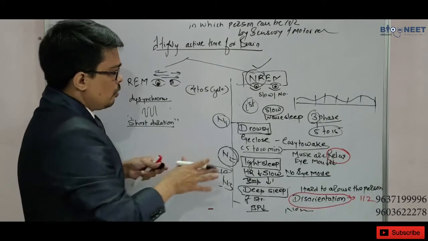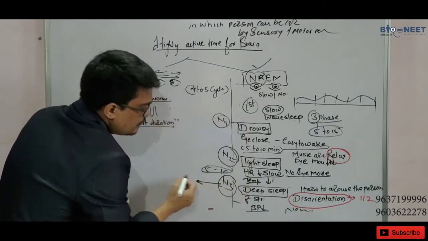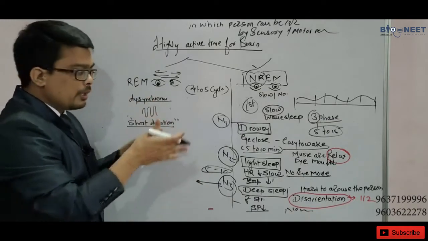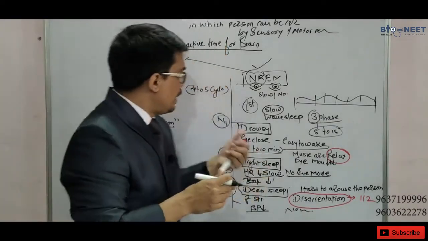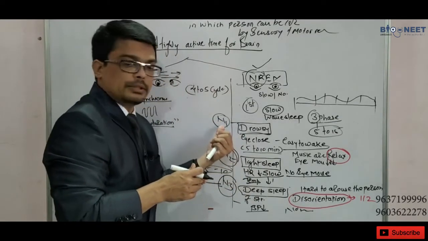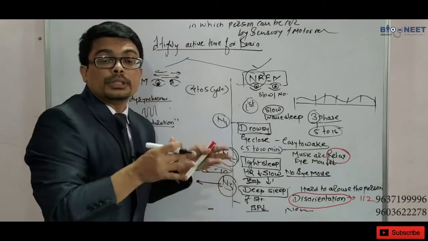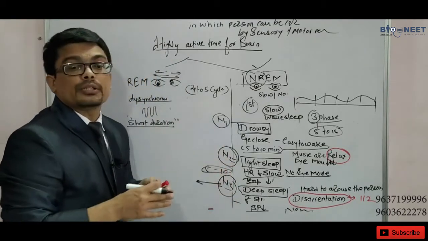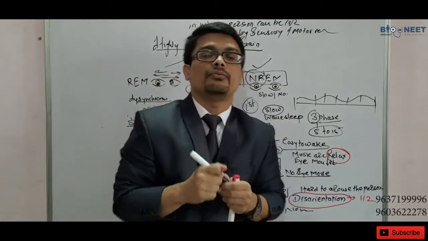Now, in all three phases, why do we want that person to go into N3? What is the importance of N3? N1 is the entry pass, N2 is the gate, and N3 is basically the space where the brain has to perform its function. What exactly happens in N3?